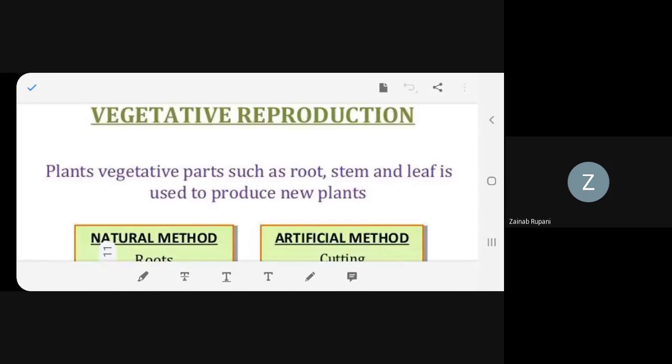Vegetative reproduction. Plant vegetative parts such as root, stem, and leaf are used to produce new plants.